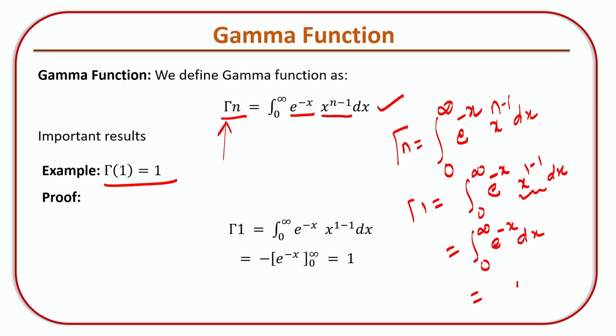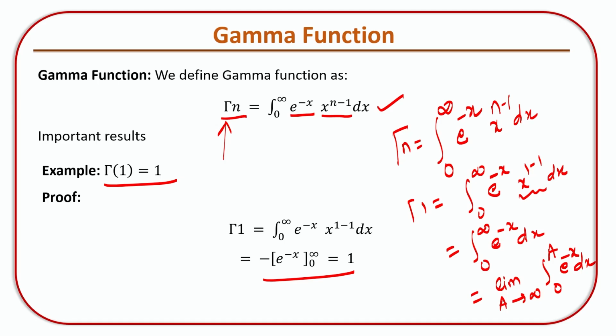You have to evaluate it carefully, since semi-infinite or infinite integrals always have to be evaluated in a different way. Firstly, you have to take the limit as a tends to infinity, and then evaluate the integral from 0 to a of e to the minus x dx. That is the right way to evaluate this one.